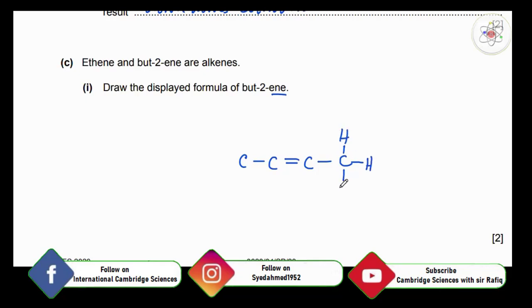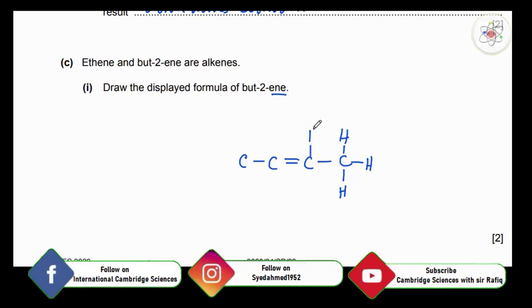with hydrogen. Carbon has 4 hands, right? And hydrogen can shake only one hand with the carbon. So 3 hands of this carbon are already engaged, one with the right neighbor carbon and 2 with the left neighbor carbon. So only one hand is left for hydrogen.